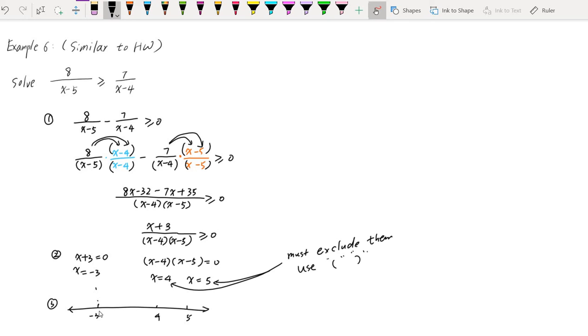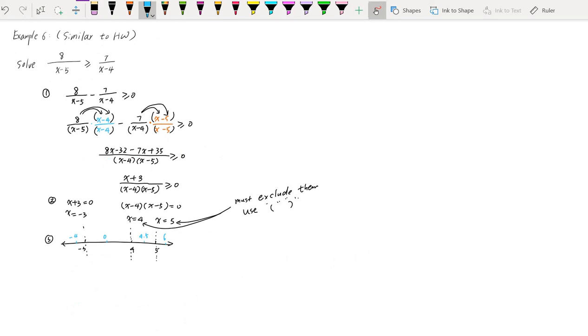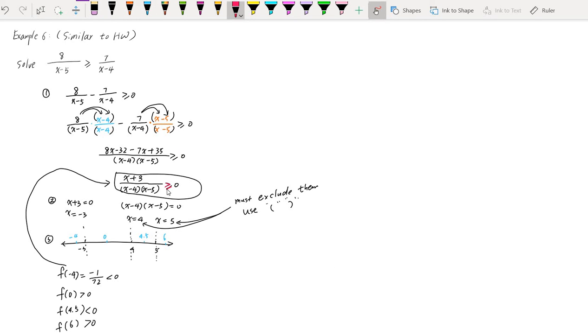Now what we're going to do is test the points. Let's put a couple of points here. Let's test negative 4, test 0, then here 4.5, and then here maybe I'll test 6. Let's test those points really quickly since we've done this a couple of times now. Because we're looking for greater or equal, we're looking for the positive portions, so this portion is my solution and this portion is my solution.